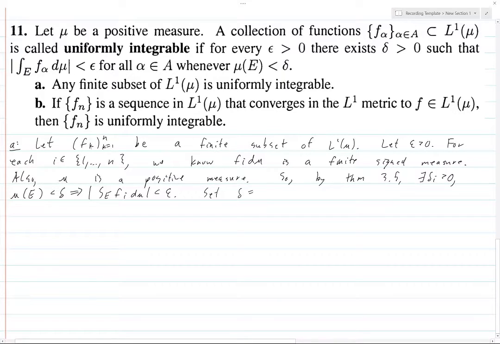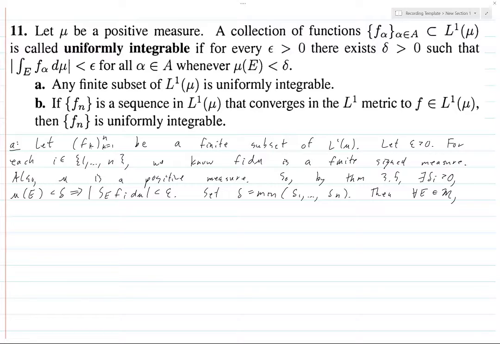Then set delta equal to the min of delta_1 through delta_n. Then, say for all E in script M, I didn't specify that here, but of course these are going to be measurable sets in our measured sigma algebra, which we'll just call script M as usual.